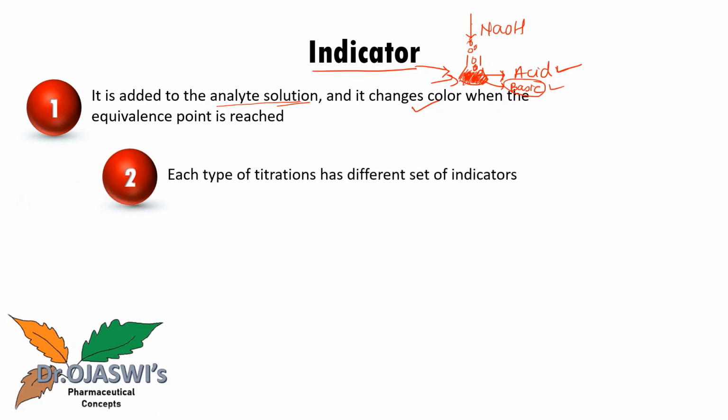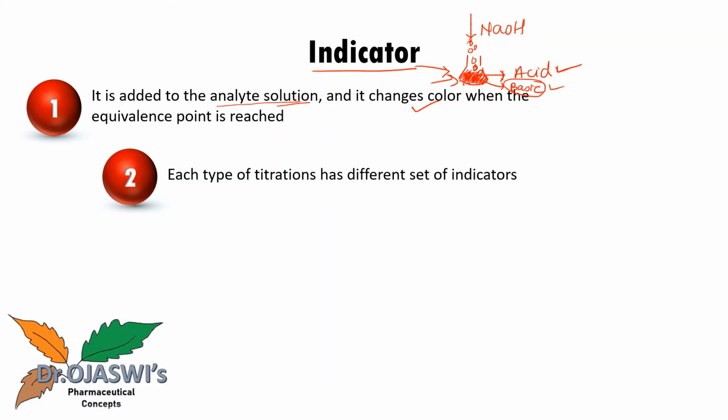Each type of titration has a different set of indicators. As I told you earlier, there are different types of titration like redox titration, precipitation titration, and complexometric titrations. For example, in redox titrations, only those chemicals can be used as indicators which are able to show different colors in their oxidized and reduced forms.